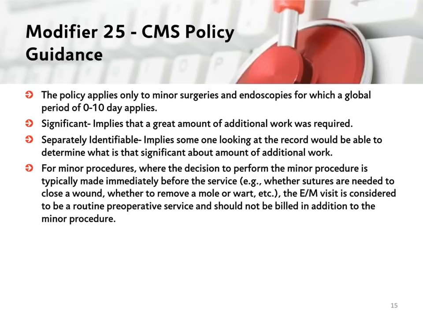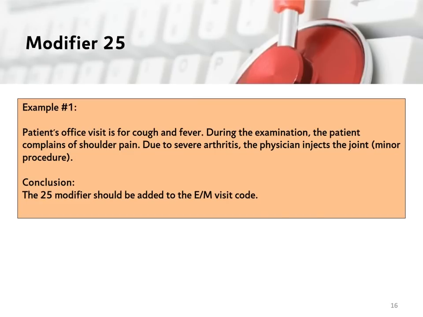For minor procedures where the decision to perform the minor procedure is typically made immediately before the service, the E&M visit is considered to be routine preoperative service and should not be billed in addition to the minor procedure. Now we have an example.